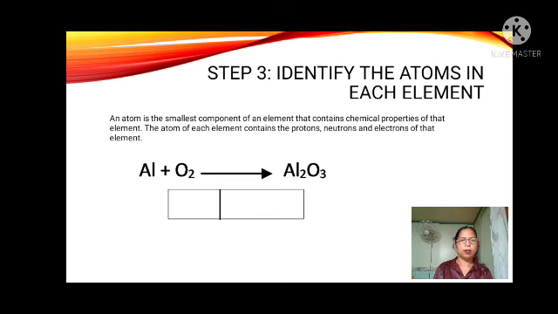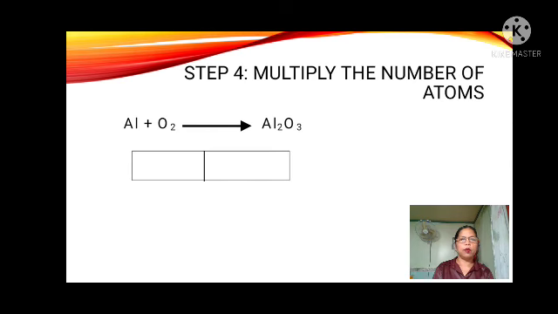Then we have the fourth step, multiply the number of atoms. So this is our formula. As we notice, the number of atoms next to each element on the reactant side is different compared to the product side.